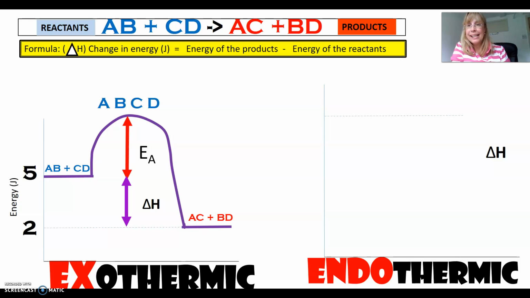So in this case, using this equation, the energy of the products minus the energy of the reactants, I get 2 minus 5. So my overall change in energy is negative. Remember, in an exothermic reaction, that X reminds me something's gone wrong, so it is negative.